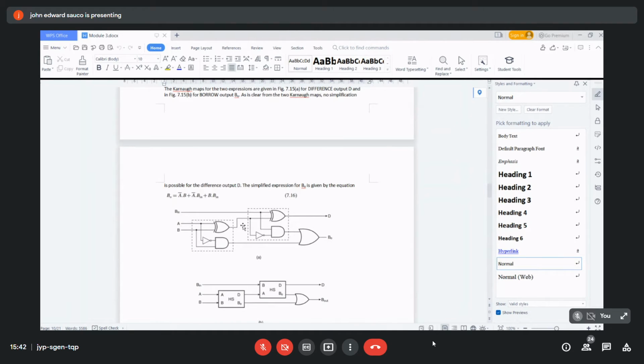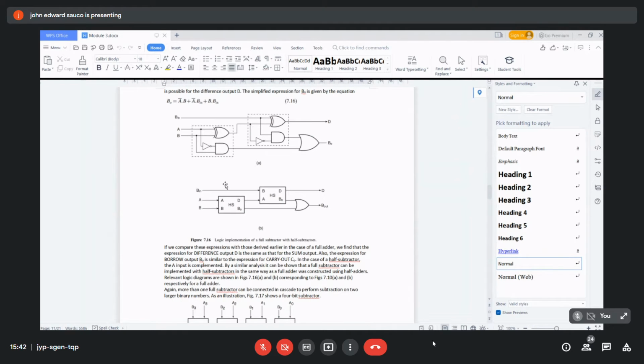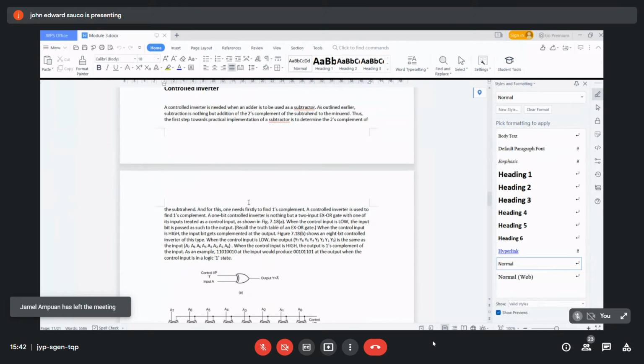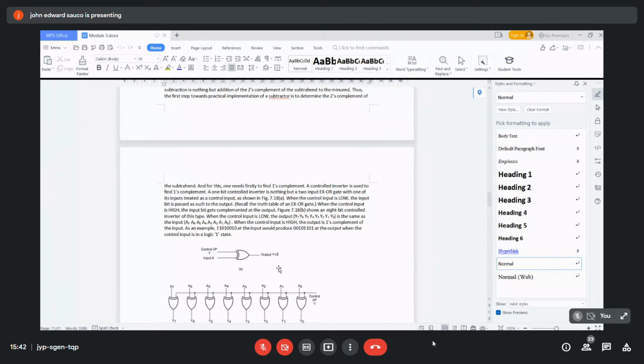So, relationship, yung half subtractor, and then half subtractor, OR gate equals full subtractor. Okay? Ito rin yung kanyang, same lang, yung diagram para sa 4-bit subtractor. So, yung control inverter naman is, from the word control inverter, pinakokontrol niya yung inverter.